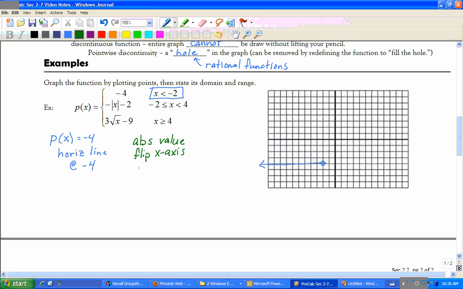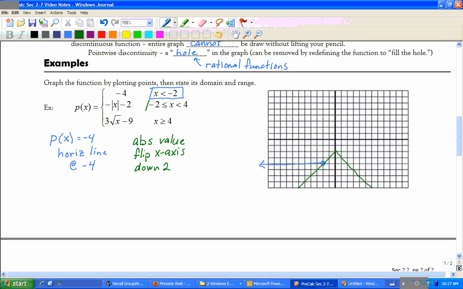And then the -2 means we're going to move down 2. So this one's easy enough that we can figure out without doing a t-table. So we're going to start here, down 2, and this part is going to have a slope of +1 as part of our V, and then this line is going to have a slope of -1 as part of our V.